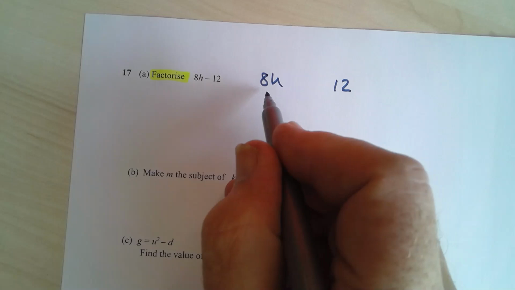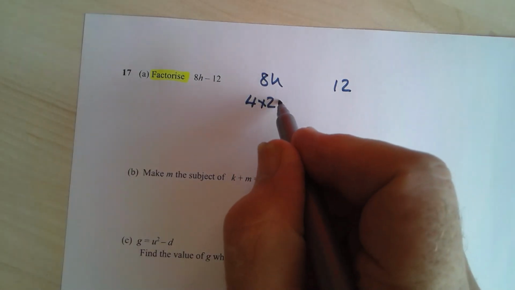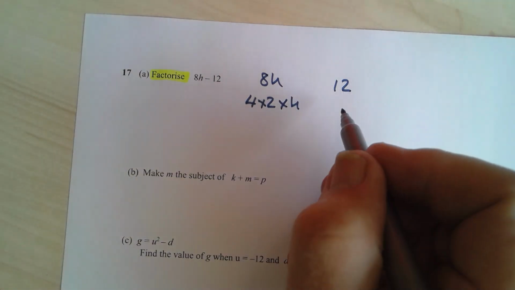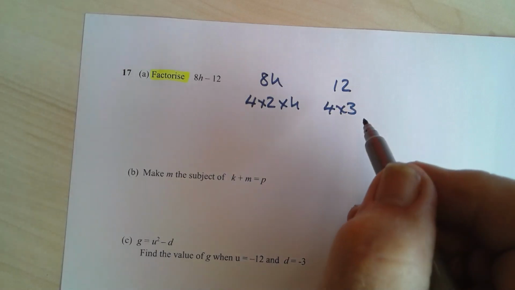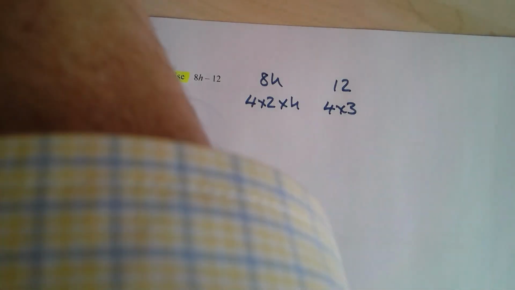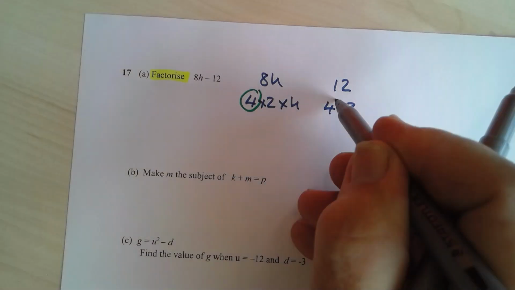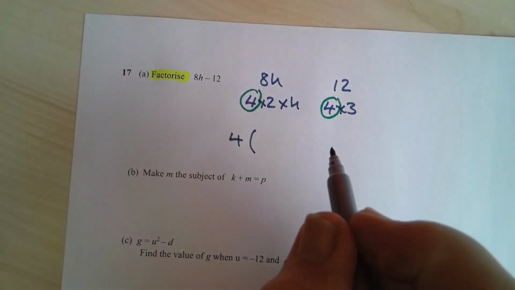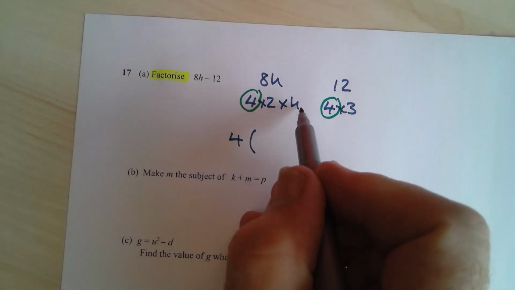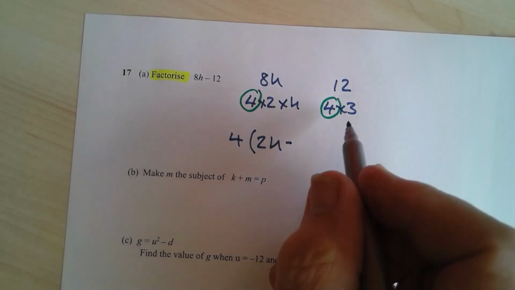Well, I can see that 8 is 4 times 2 times h, and 12 I can write as 4 times 3. So what I have in common here is I have a 4 here and a 4 here. So the 4 will go outside my brackets. I'm then left with 2 times h, which is 2h, the minus sign in the middle, and I'm left with the 3.